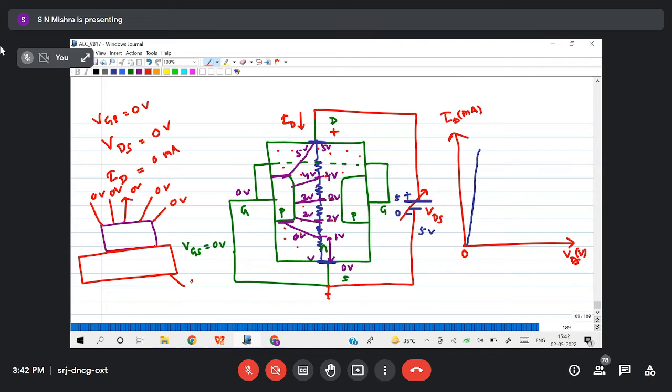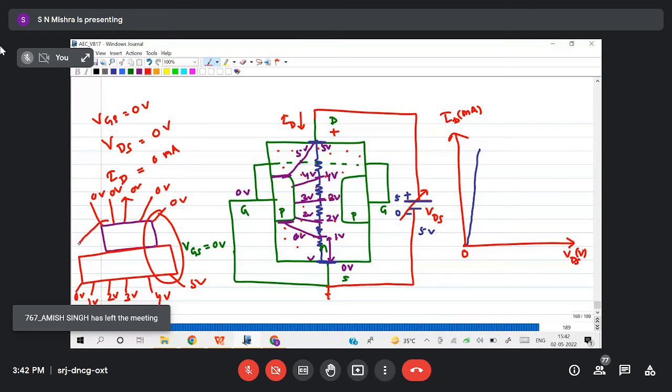This side I'm connecting 5 volt, here 4 volt, 3 volt, 2 volt, 1 volt, 0 volt. Now this side will be more reverse biased, this side will be less reverse biased, and in between that it decreases, or is the entire thing uniformly reverse biased?